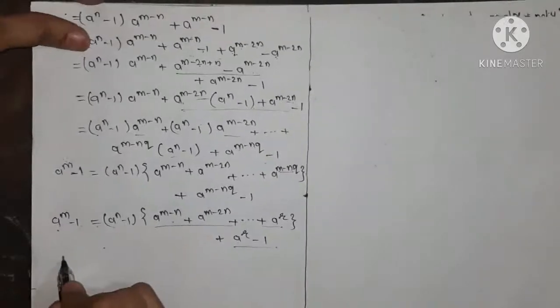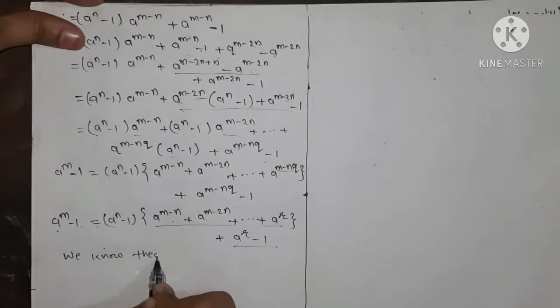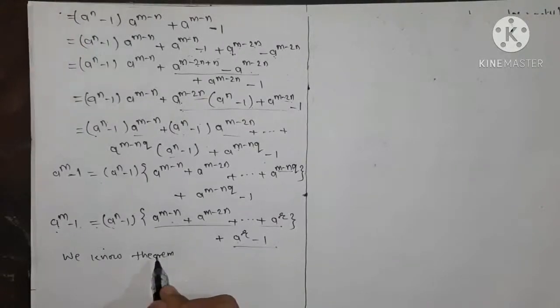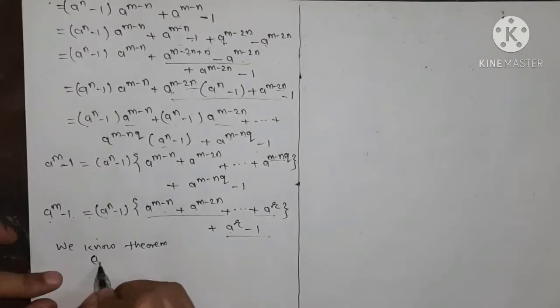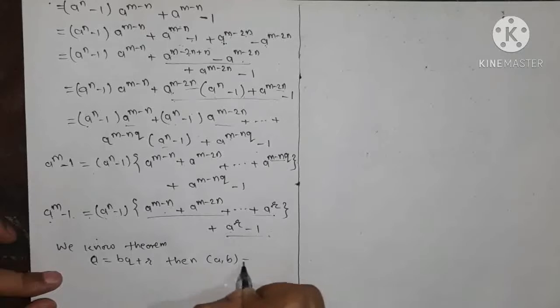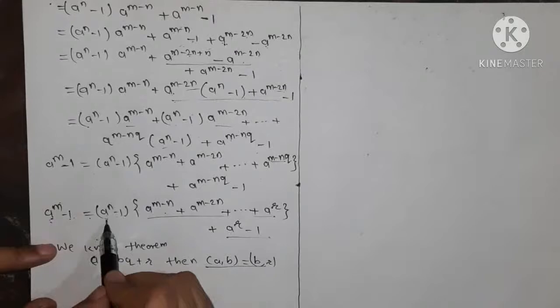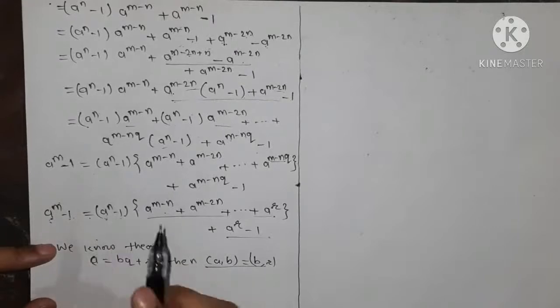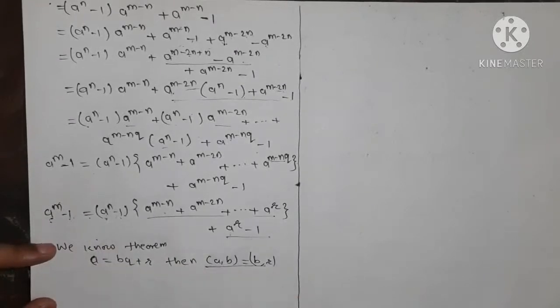So we know the theorem that if a is equal to bq plus r, then the GCD of a comma b is the same as the GCD of b comma r. So we use this theorem here, that the GCD of a to the power m minus 1 and a to the power n minus 1 is the same as the GCD of a to the power n minus 1 and a to the power r minus 1.